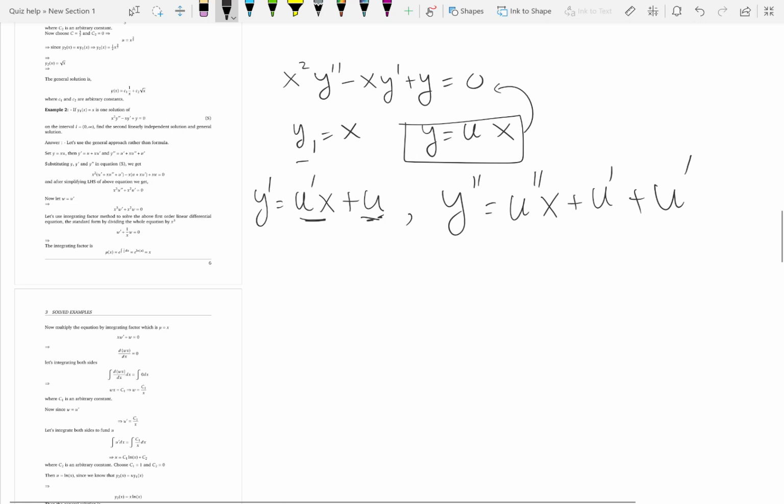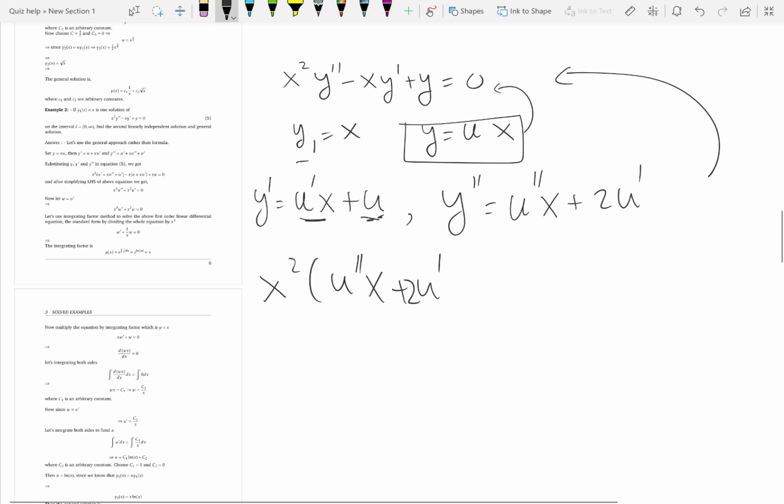Let's substitute them into the differential equation. So x square times (u double prime x plus u prime). Oh, here this is 2u prime, right? Well, let's make our life easy. So this is 2u prime, minus x times y prime, which is (x u prime plus u), plus y, which is u x, equal to 0.